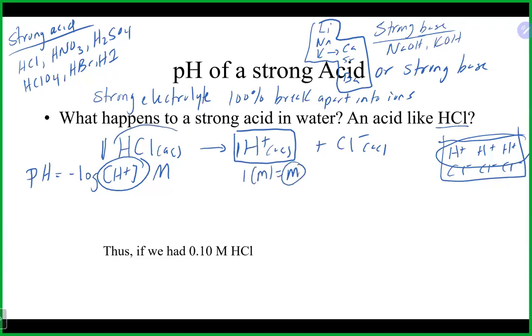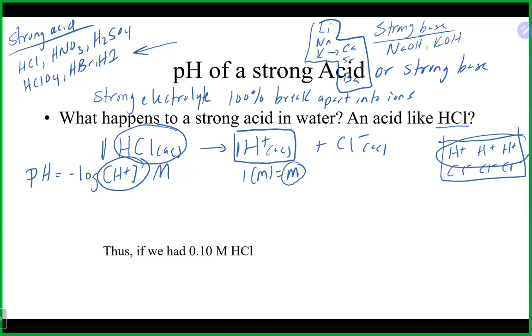So whatever the concentration of this strong acid is will be the H plus concentration. And you could go right into the pH equation at that point and calculate the pH of that hydrochloric acid solution. The good news is pretty much all of the strong acids are monoprotic, which means they have one hydrogen, which means they are always going to be a 1-to-1 relationship, pretty much all of them.